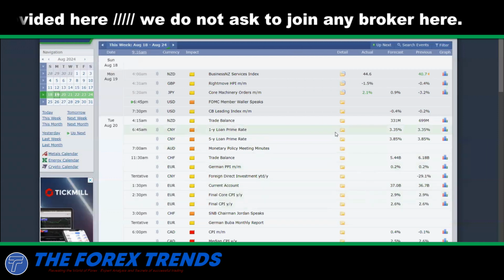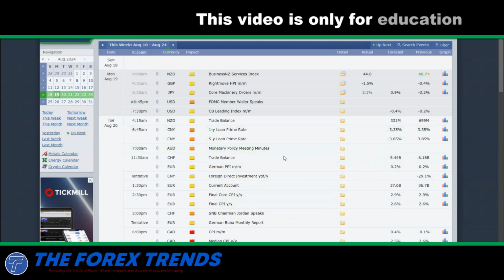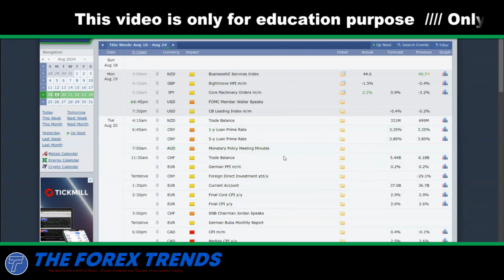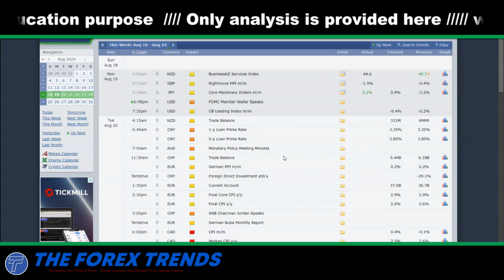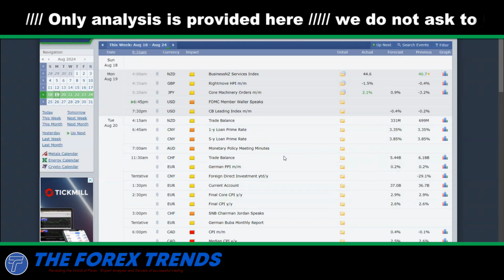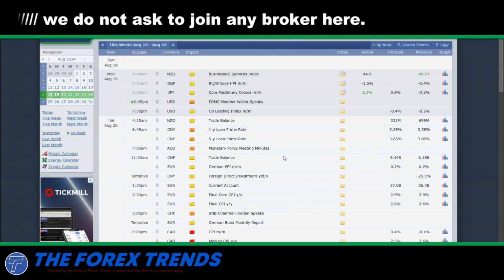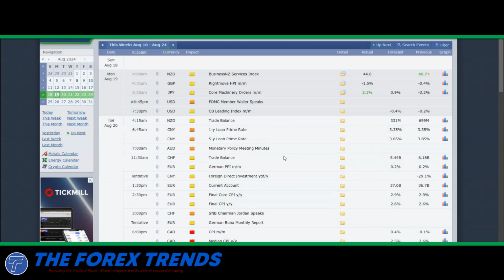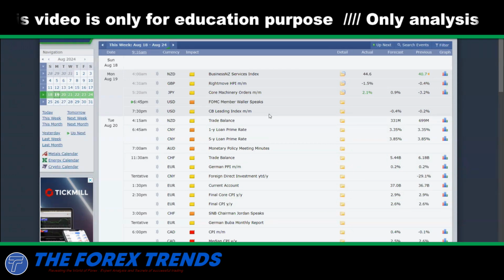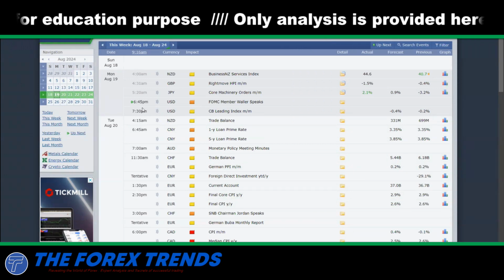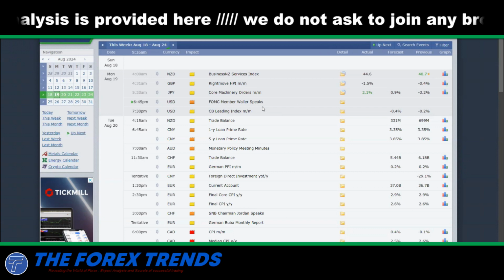As you can see, this is the economic calendar for this week, and there is no very high impact news on Monday, but the FOMC member Waller speaks at 6:45 p.m. IST today. So we may see some volatility in the market in the New York session after the release of his speech.